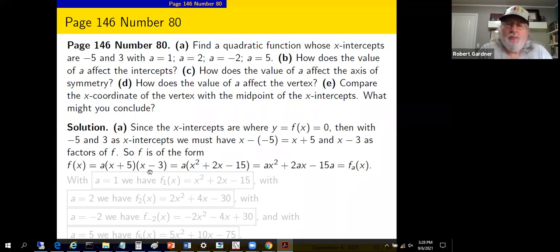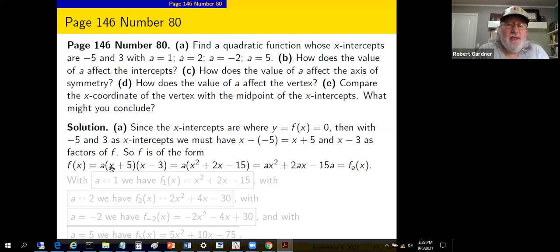You would agree, I plug in -5, that'll make this 0 because it makes this factor 0. I plug in 3, that'll make this 0 because it makes this second factor 0. Rule of order, a can't be 0; in the quadratic function setting, we wouldn't take a to be 0.